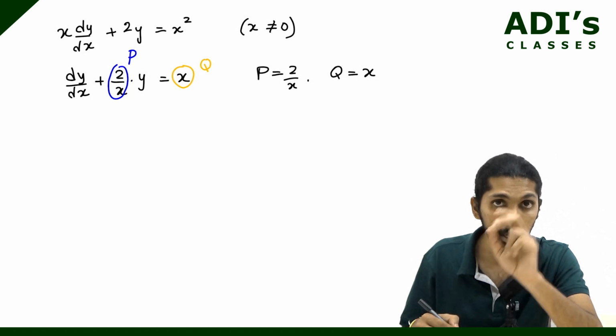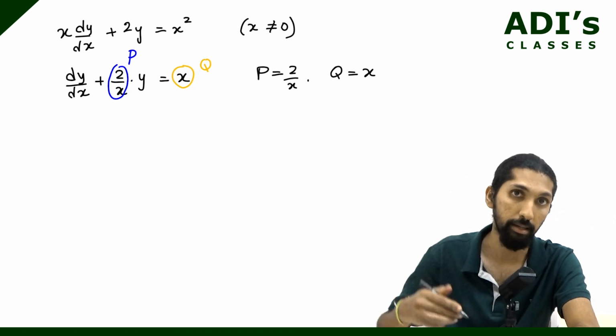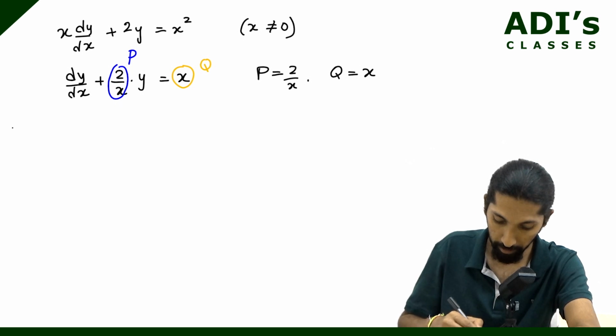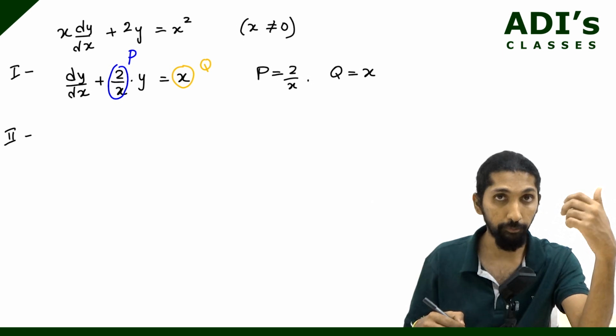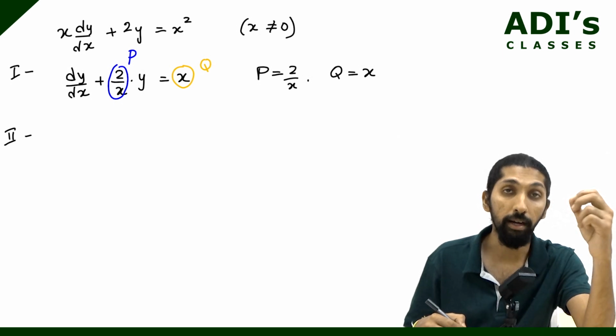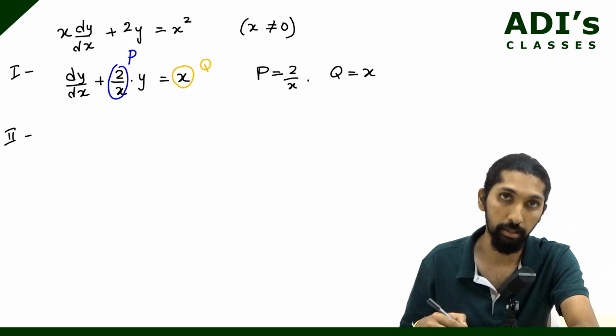Now, we need to find the integrating factor. This is the second step. Getting in the form is the first step, and finding the integrating factor is the second step.